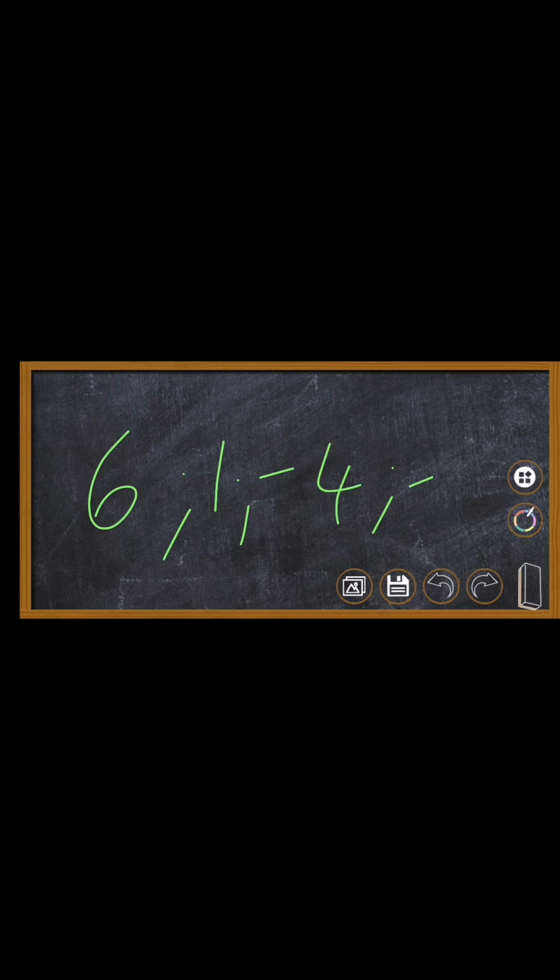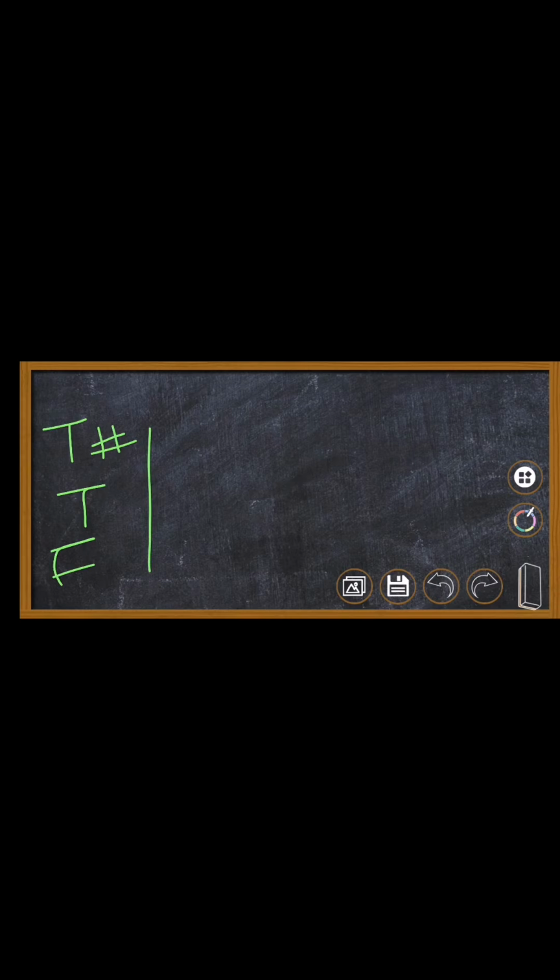But how would we determine the general formula of the nth term? So let's try using a table to do that. So we have the term number, I'm going to say term number, and if you don't know, hashtag represents number, then term, let me just use T, and then formula for F. And let's have this table that will help us determine the value.